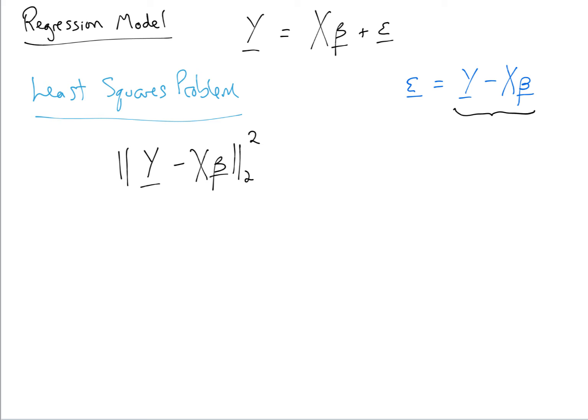So our problem is to minimize over our choices for beta. So beta lives in R^(p+1). This 2 norm.